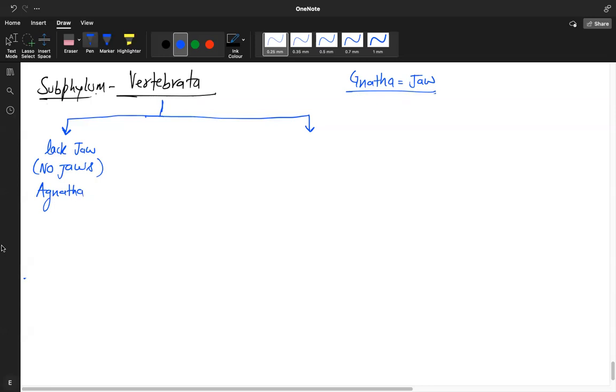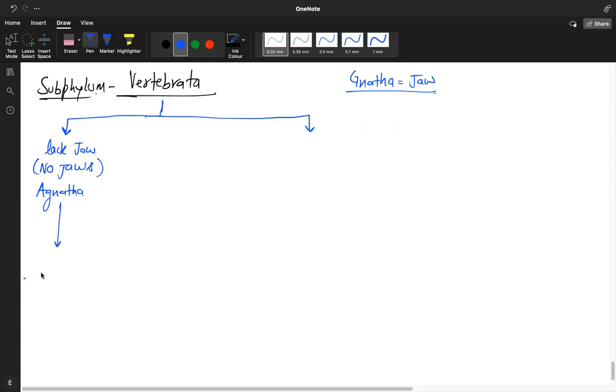Can you tell any word in English which has A? Cellular, acellular, right? Or biotic and abiotic. Abiotic means non-living, biotic means living. Similarly, gnatha is jaw, agnatha means no jaws.